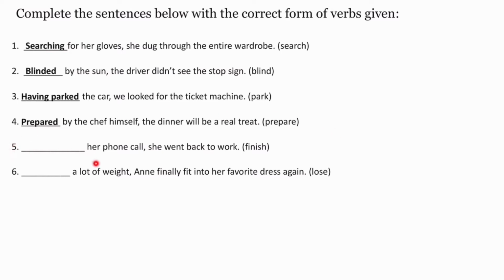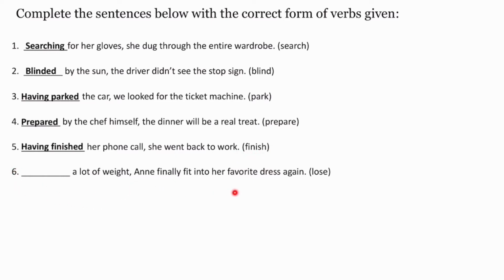Number 5. Her phone call, she went back to work. And the verb is finish. So here we have a sequence of actions again, as we had here. So number 5, she did this, and then she went back to work. 6, a lot of weight.